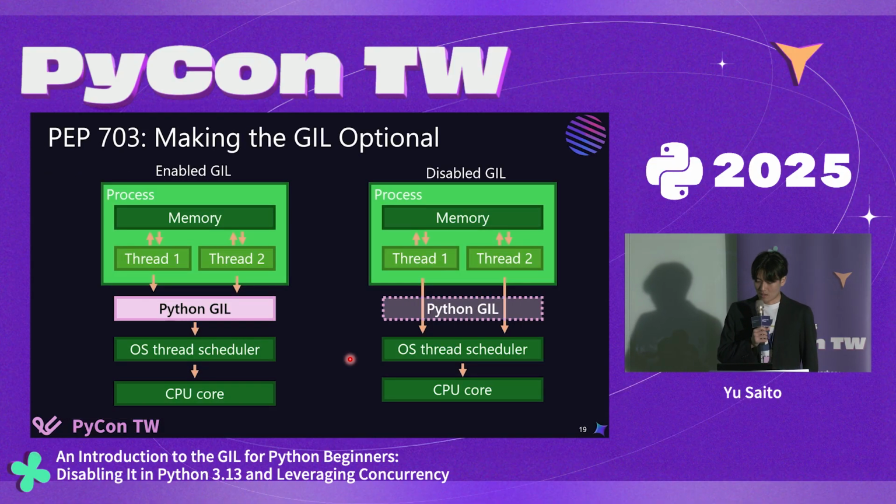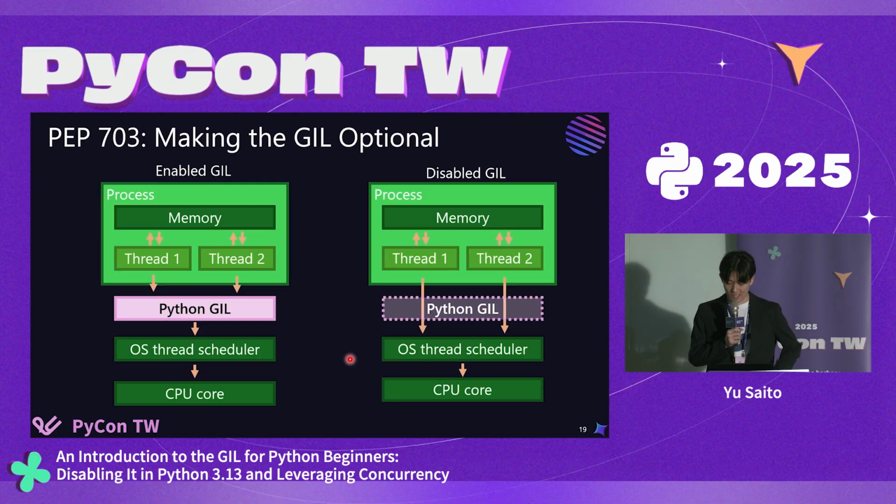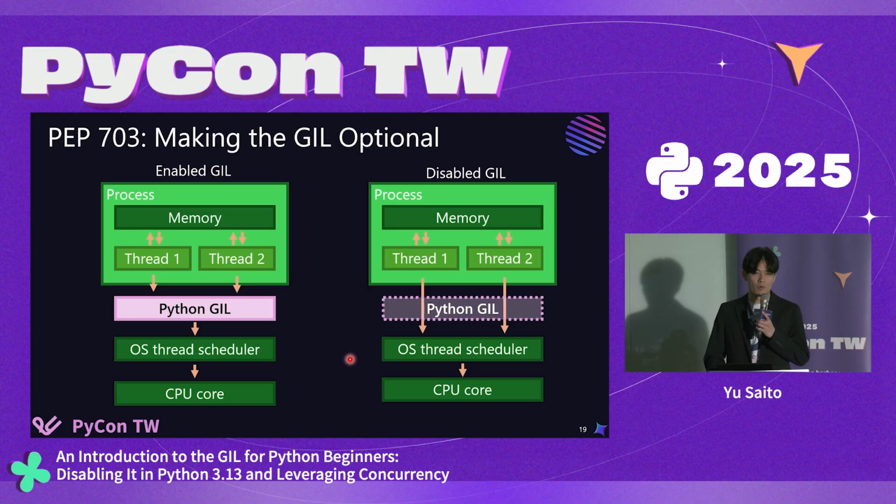And the fourth and final approach to overcome GIL constraints is the main topic: using the disabled GIL. In Python enhancement proposal PEP 703, the new option of disabling the GIL has been proposed.